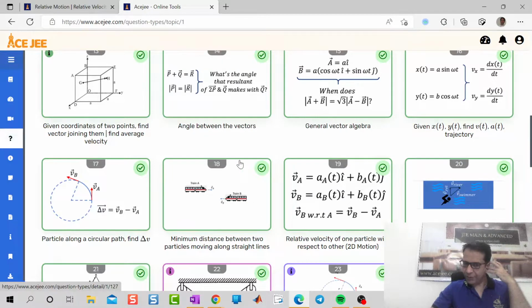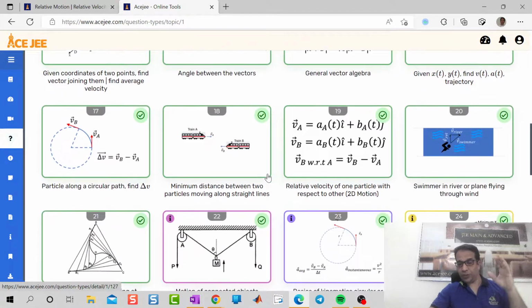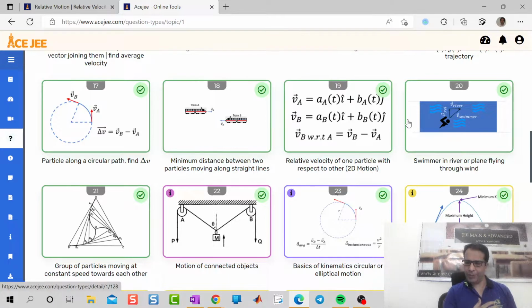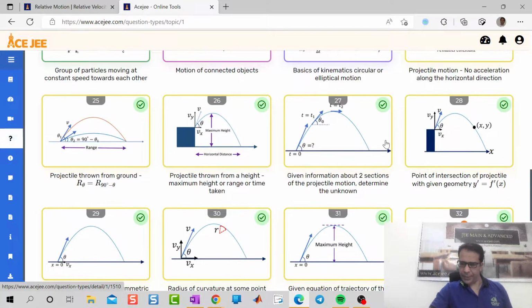So these 5 question types, in fact, not just 5, there are a few more. Swimmer in a river problem, and then the Rain Man problem, which I believe is tucked inside one of the other question types. Let me just see.